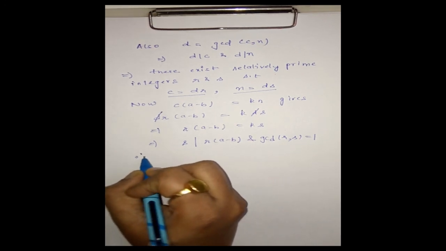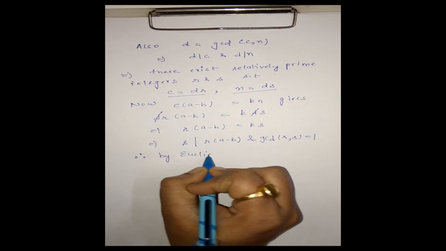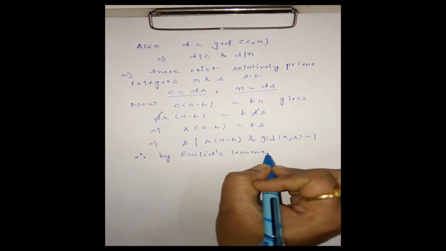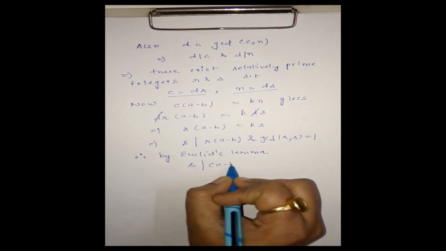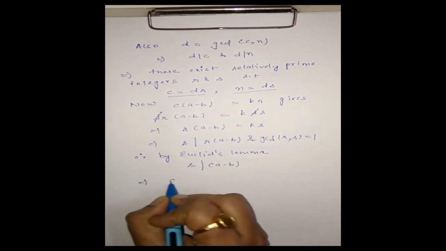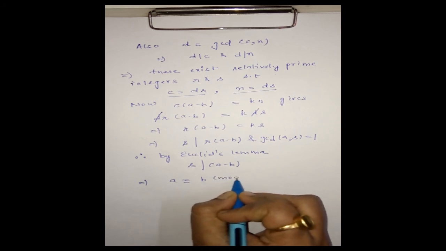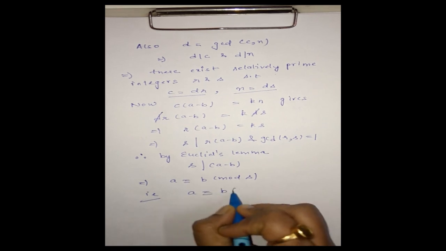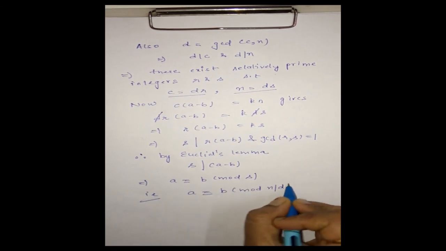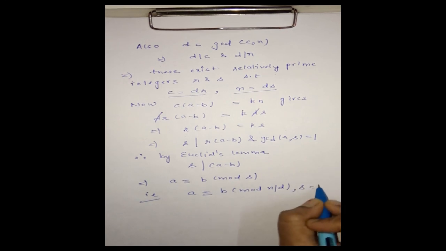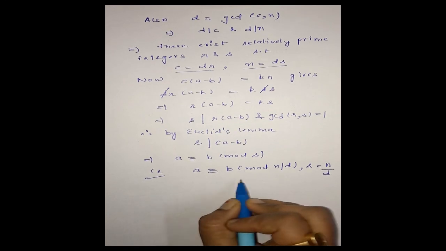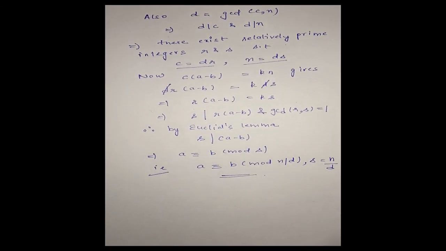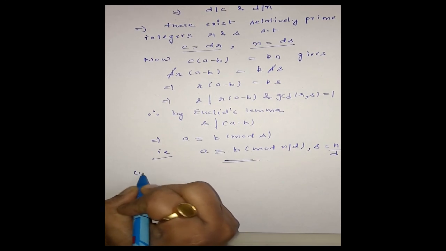Therefore, by Euclid's lemma, s divides A minus B. And this will give us A is congruent to B modulo s. That is, A is congruent to B modulo n by d, where s is n by d. Hence proved.